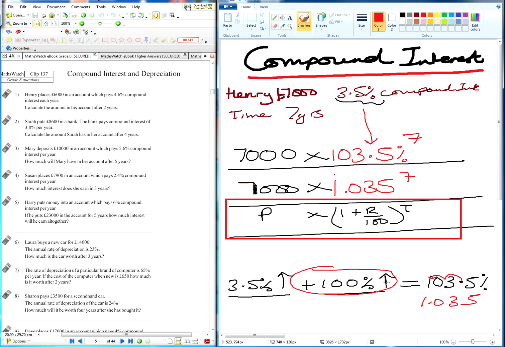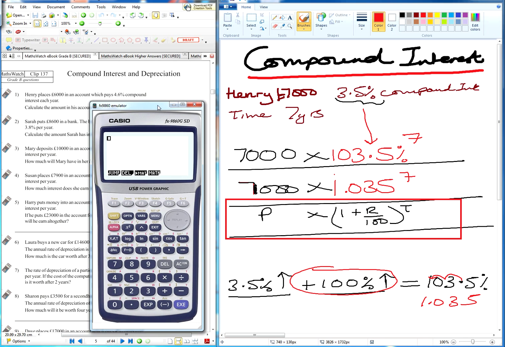That's basically what we've done here. Now we need to work out this value, 7,000 times by 1.035 to the power of 7. So we need a calculator. Does everybody who needs a calculator have one with them in the class? Mr. Han, you can borrow one of mine. Okay, let's get the calculator out.